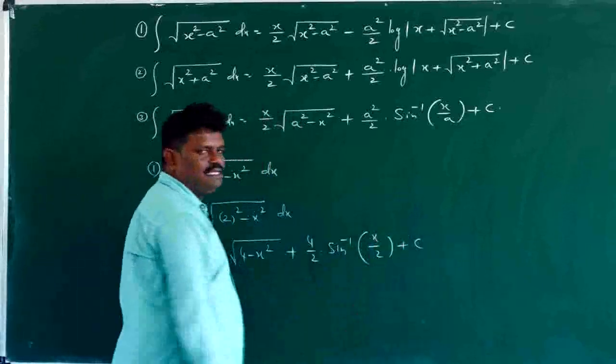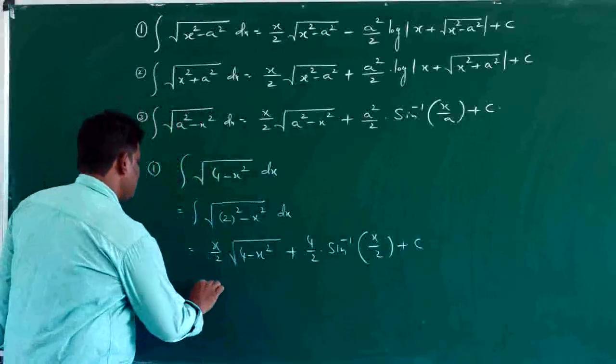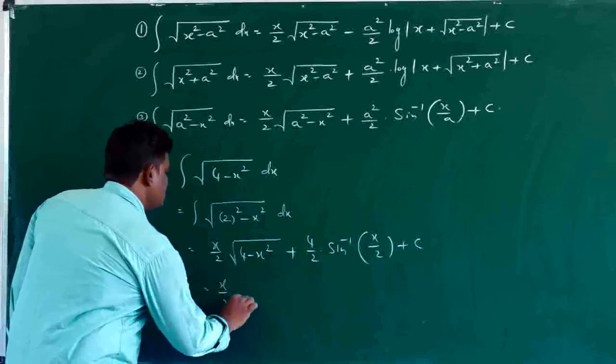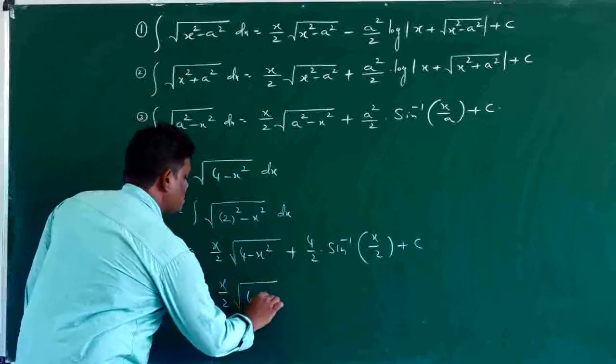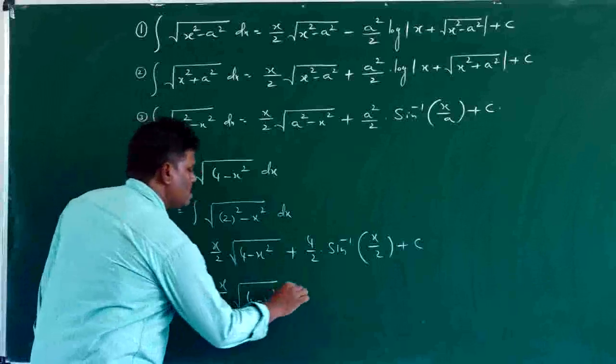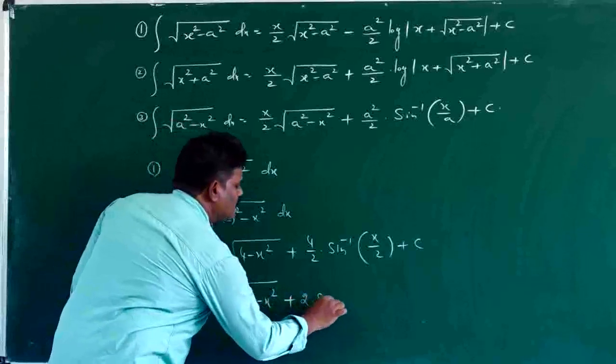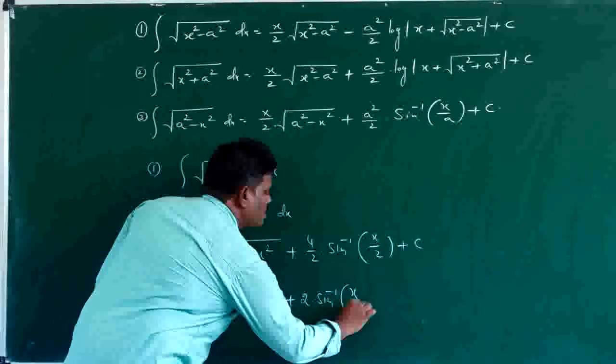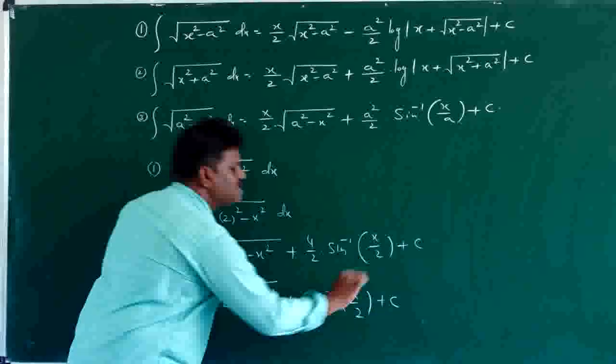Now simplifying, that is equal to x by 2 square root of 4 minus x square plus 2 into sine inverse of x by 2 plus c.